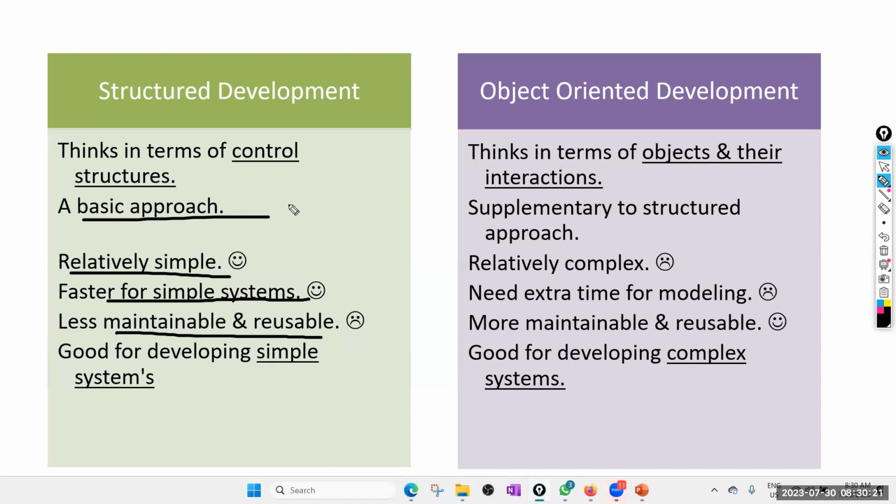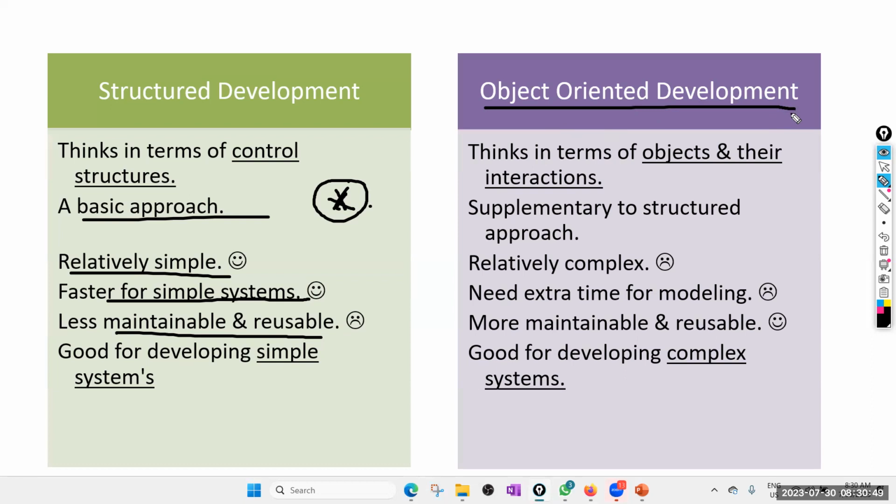But for simple things, this approach is super. So therefore, for simple things, don't use object-oriented. Use this. But when it comes to complicated systems, where you are looking for maintainability, reusability, long-term things, and it has so many functionalities, the object-oriented approach might be the better solution.